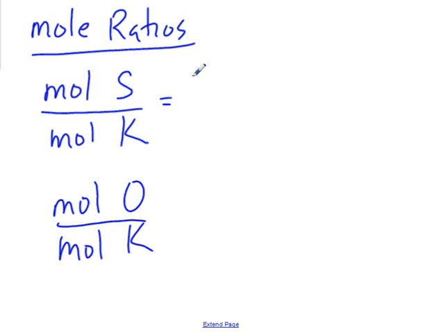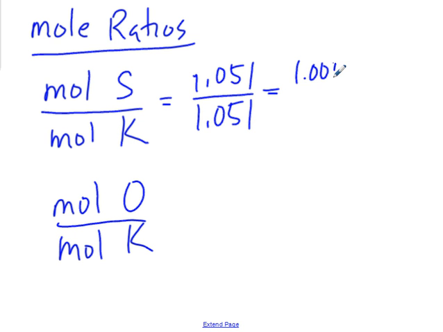My calculator, that's going to be 1.051 divided by 1.051 equals 1.000 moles of sulfur for every 1 mole of potassium, which is clearly equal to 1 mole of sulfur to 1 mole of potassium.